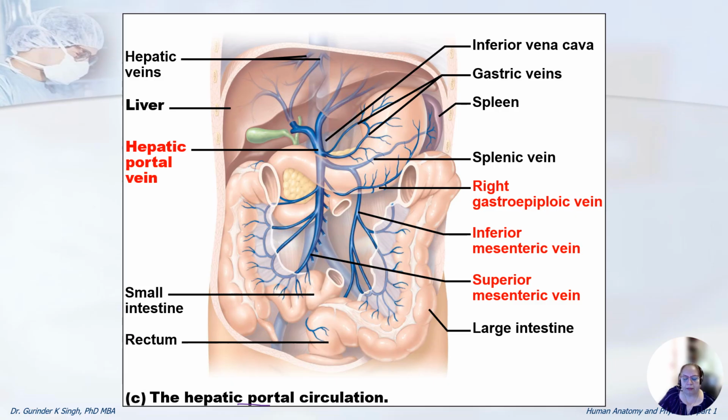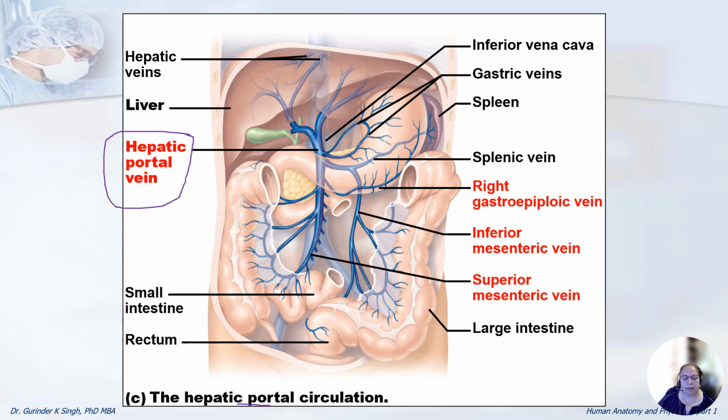The hepatic portal system brings nutrient-rich blood towards the liver, through the main hepatic portal vein. In any portal system you have two types of blood capillary beds. That's the difference between normal veins and arteries: the portal system will have two blood capillary systems.